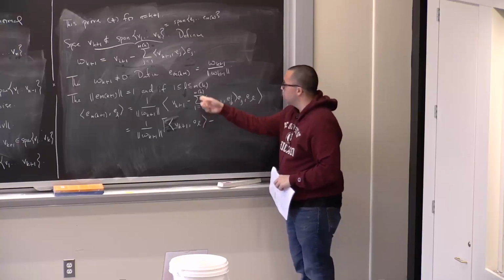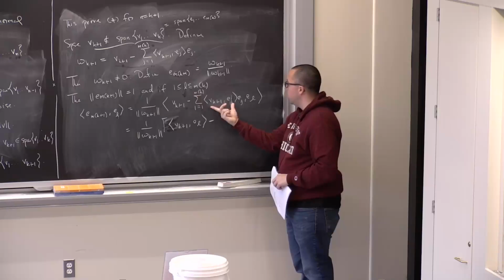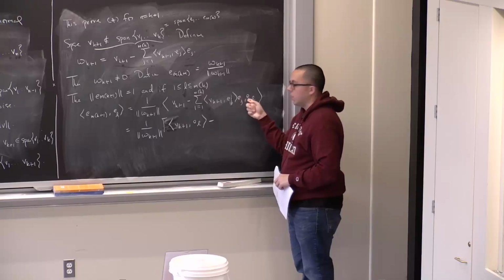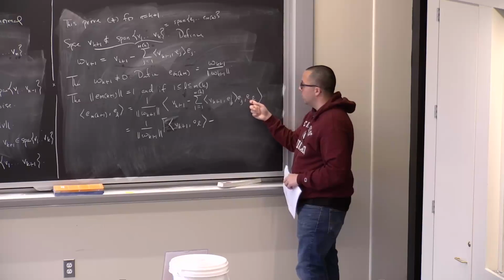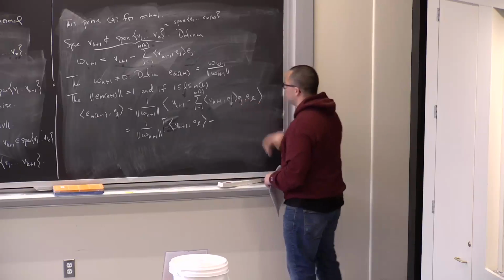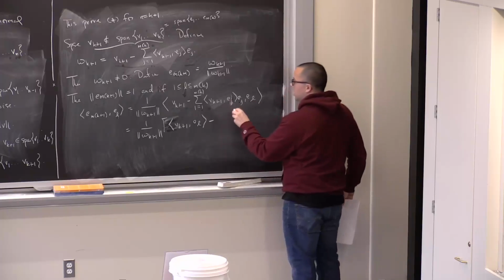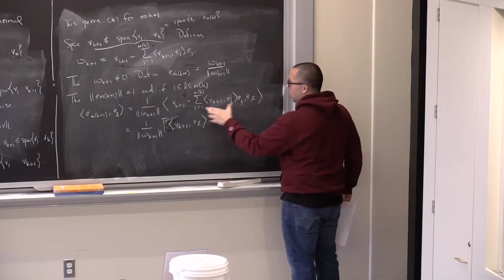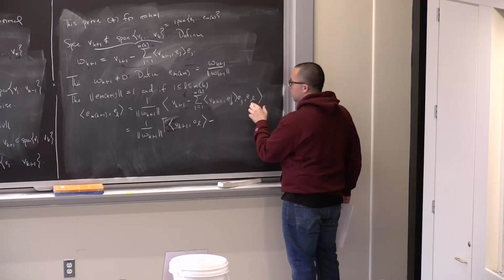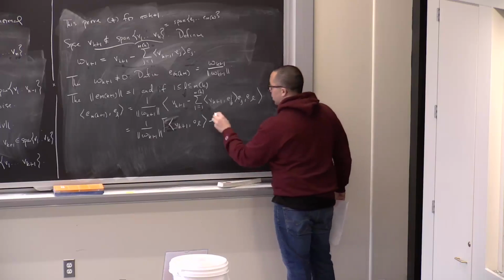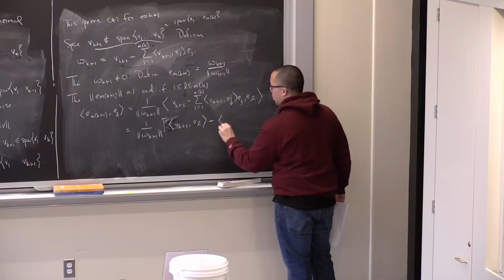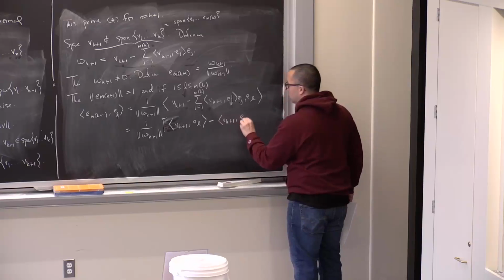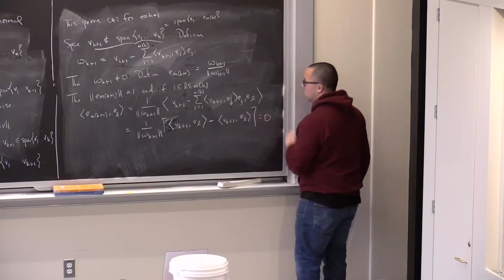Now, this is the sum from j equals 1 to m sub k of this number here times the inner product of E sub j with E sub L. Now, the inner product of E sub j and E sub L is 0 unless j equals L, and 1 if j equals L. And so I only pick up the j equals L part of this sum when this inner product hits E sub L. In particular, I only pick up the coefficient in front since these have unit length. So I get the inner product of v sub k plus 1 with E sub L equals 0.